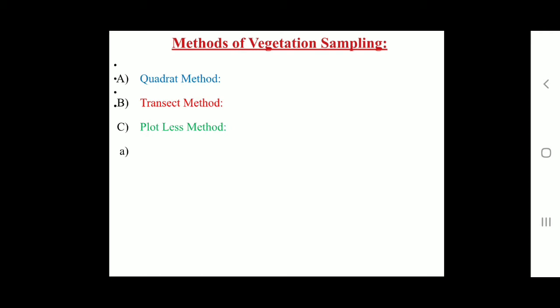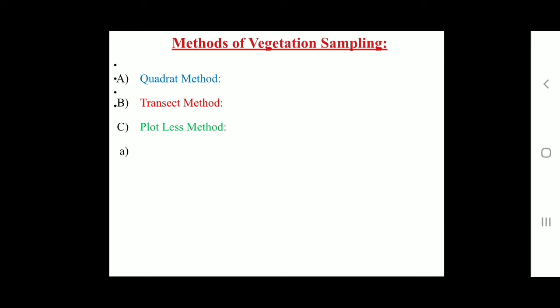The quantitative measurements generally focus on parameters such as percent frequency, relative frequency, abundance, density, relative density, basal area, dominance, relative dominance, importance value index, species richness, diversity indices, growth form, distribution, etc. For these measurements, ecologists have developed a variety of sampling units. It includes quadrat, transect, and plotless methods.